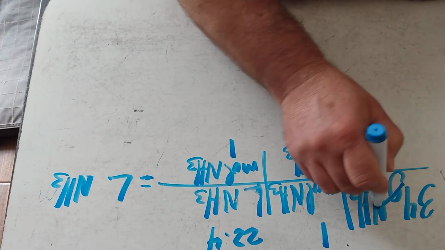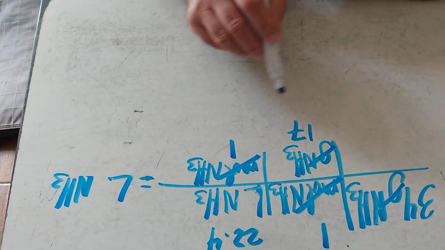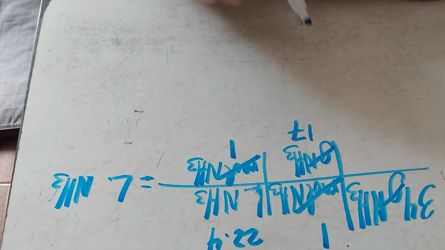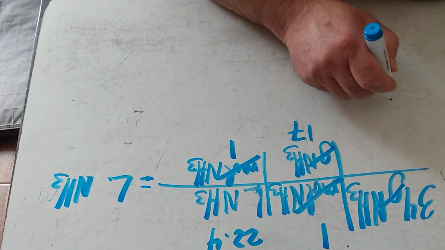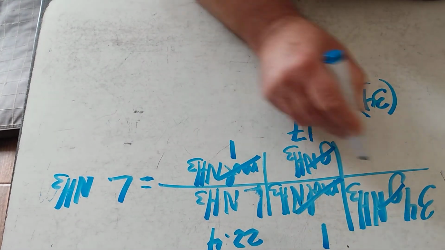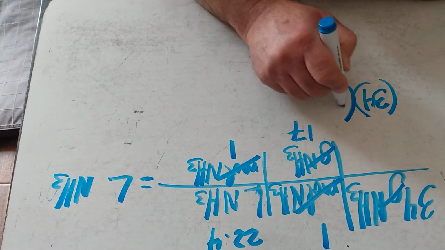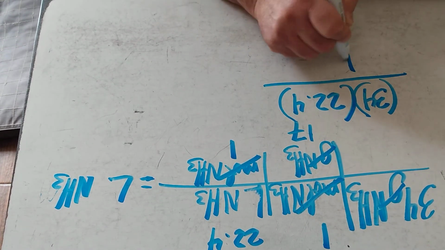Okay, so grams cancels out, mole cancels out, mole cancels out. And now all we're left with is our liters, and that's what we want. So let's go ahead and simplify. Let's bring those numbers down. So we've got 34 going across the top times 22.4, all divided by 17.